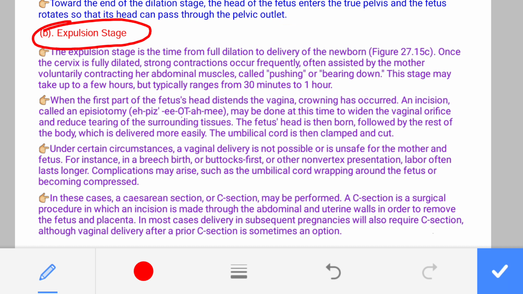Once the cervix is fully dilated, the cervix is wide, and the fetus head has entered into the cervix.